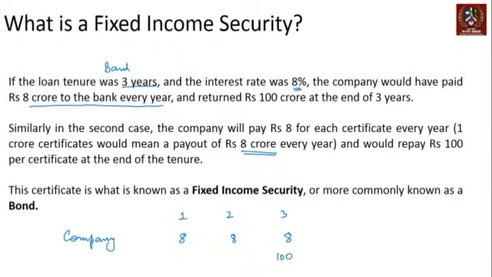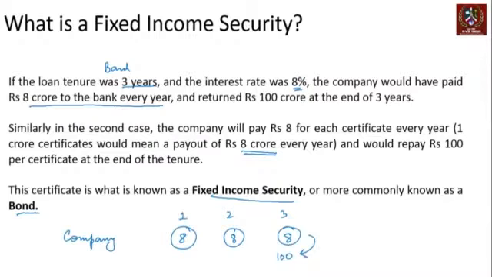The certificate that the company issued is what is known as a fixed income security, or more commonly as a bond, right? Why is it called a fixed income security? Because it's going to give a fixed income of rupees 8 every year till its tenure, and is eventually going to give back the 100 rupees at the end of the tenure, right? So a fixed income security is nothing but a sort of a loan.